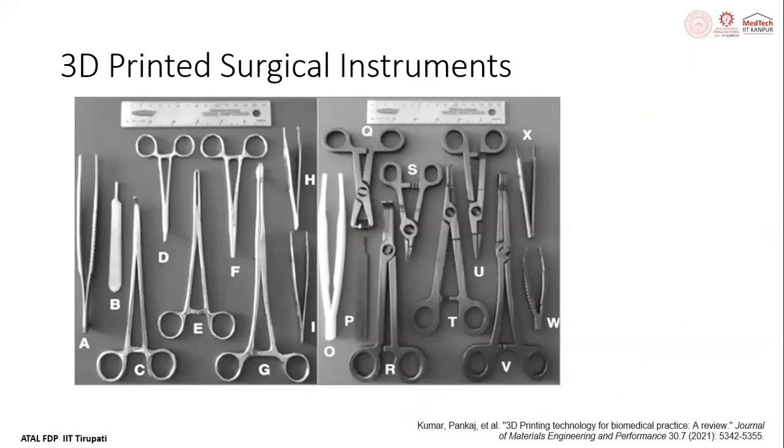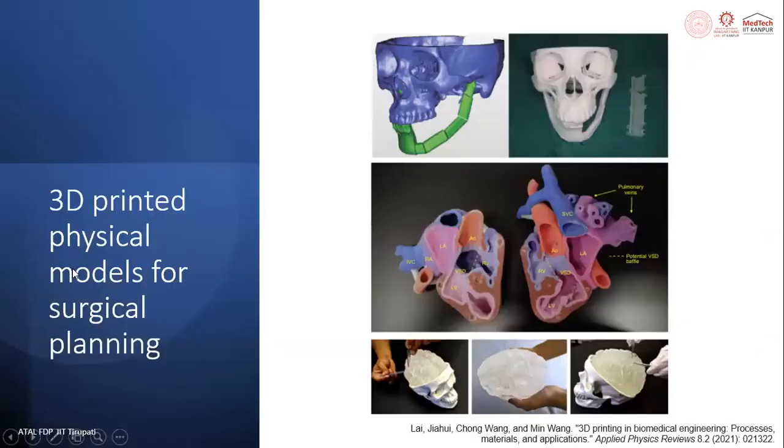Here metal is also used, and you can also use polymers for various applications. So 3D printing a physical model for surgery planning, you can see. For the lower part, they have identified it, and then the doctor tries to see how to access the part and how to remove it, and what kind of operation has to be done so that he can be very, very successful. For doing all these things, you will have to use multi-material printing.